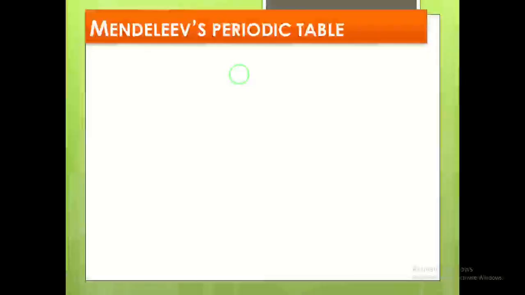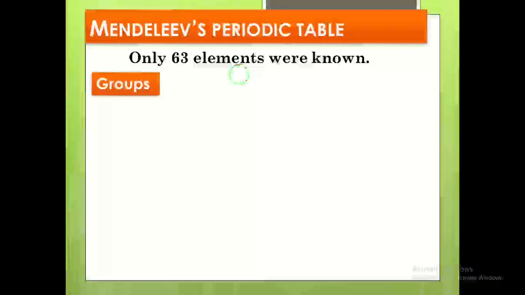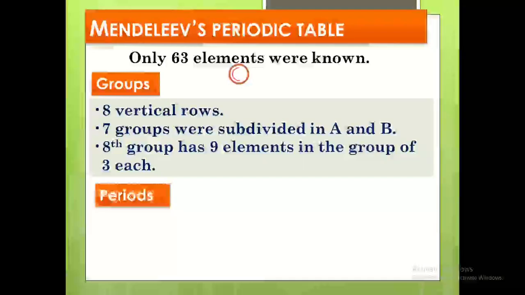Now, when Mendeleev was preparing his periodic table, there were only 63 elements known. His periodic table was able to predict some elements that were not yet discovered. He grouped these elements, and his periodic table had a structure of groups and periods.